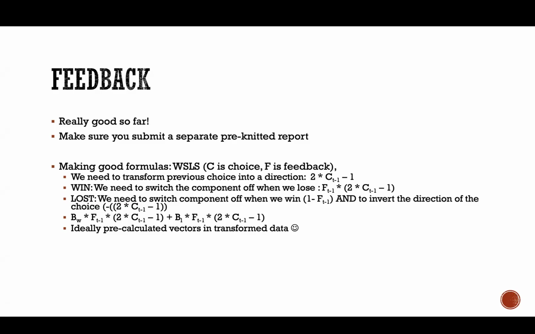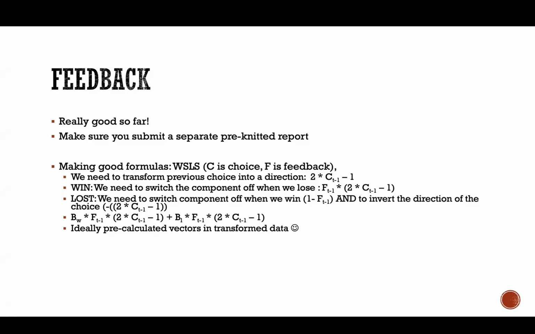And so if you remember, we have win-stay, which might have a certain probability, and we have lose-shift, which might have a separate probability. So a probability of staying when we win and a probability of shifting when we lose.